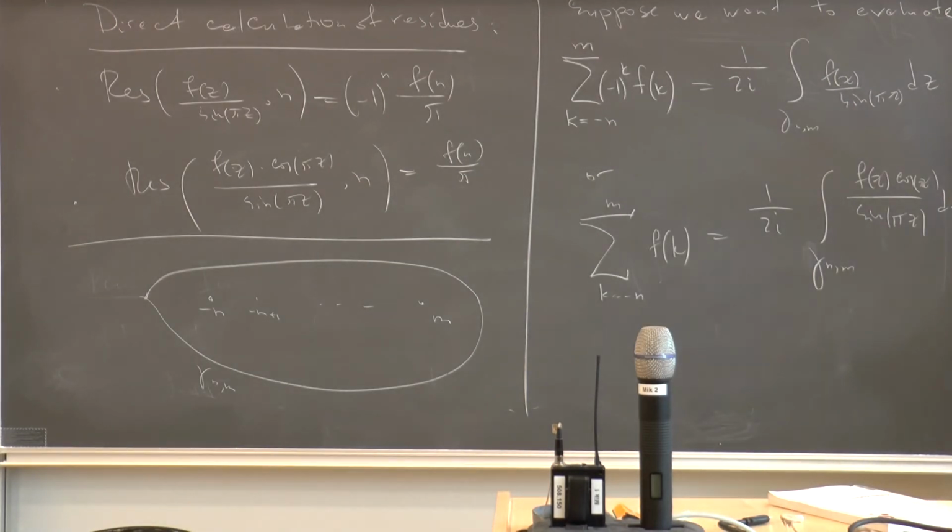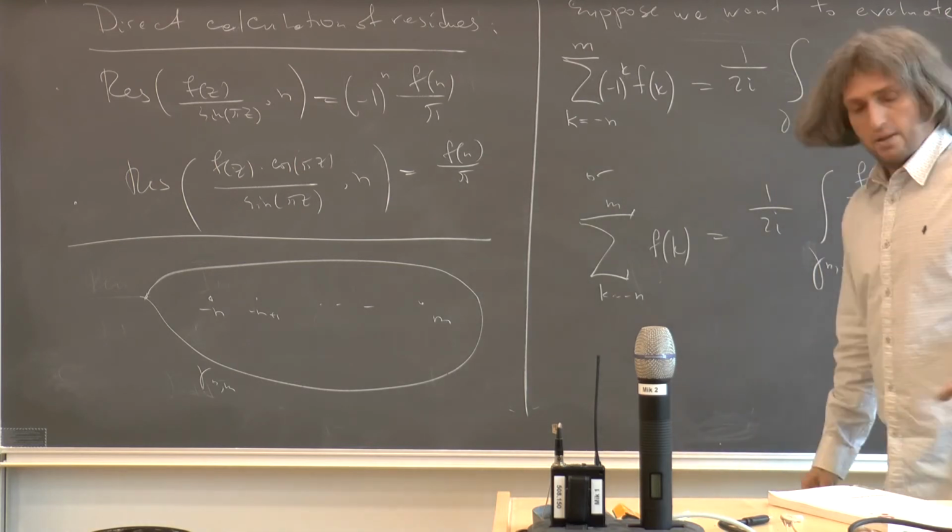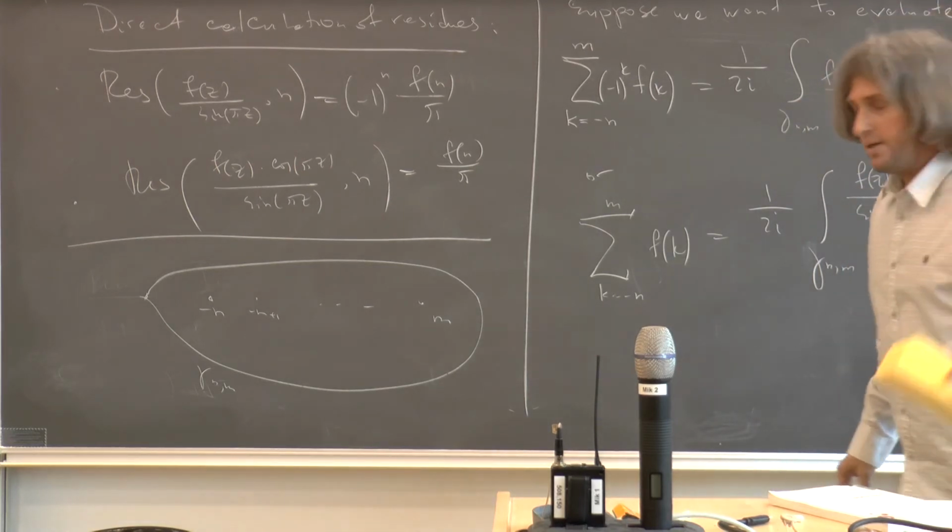So if the right-hand side is evaluated nicely by some other method, then you can pass to the limit and get the sums. Right, so I'll write this down as a principle, and then we'll do one example.